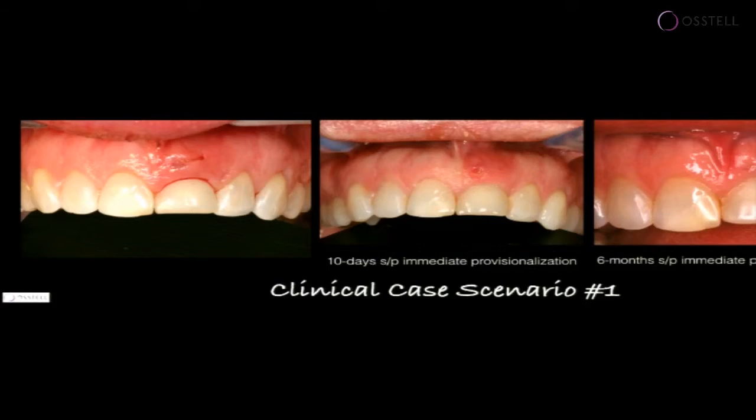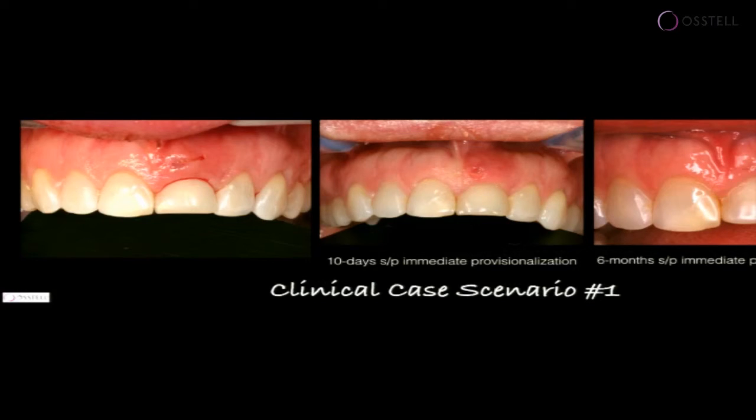So as you can see here, we did take into account everything that Dr. Ganeles has pointed out as far as the management of the soft tissue. We did, in fact, immediately provisionalize, but also notice the incisal position of that provisional, how we have reduced it to try to take it out of at least contact.